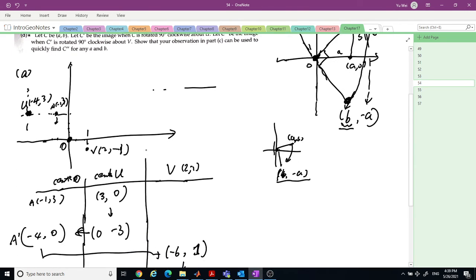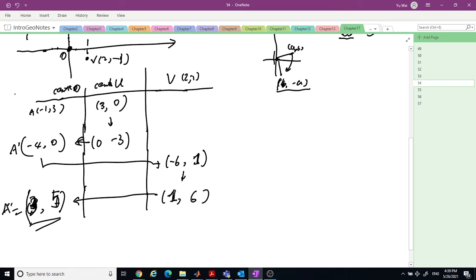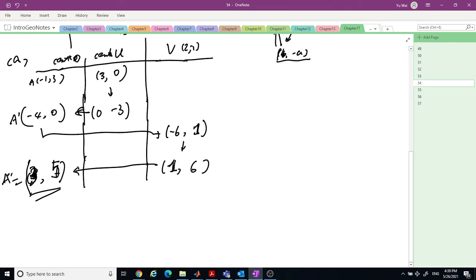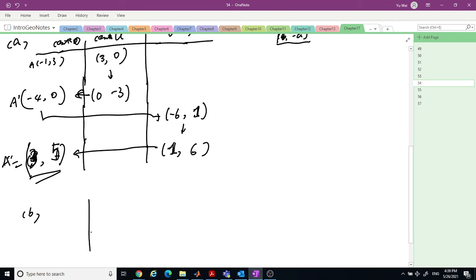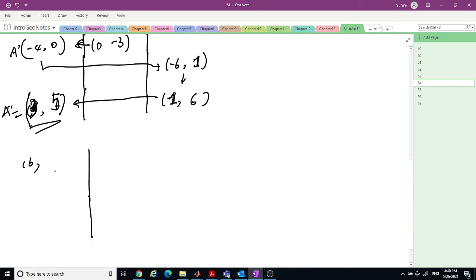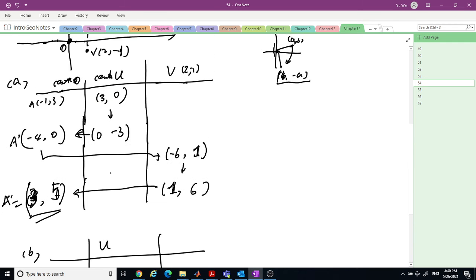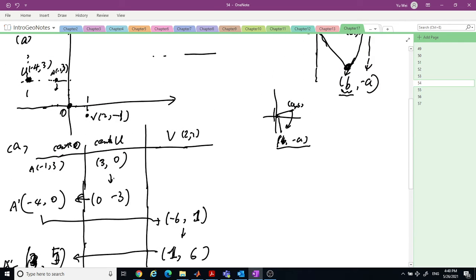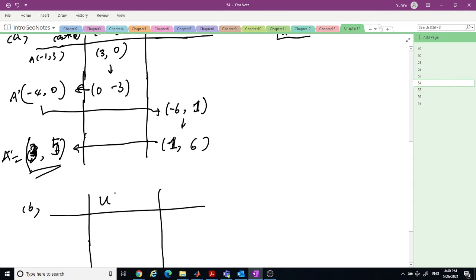Now let's convert another point, B. This is A, so once you know this process, we can do B easily. Now, U is (-4, 3), and V is (2, -1).